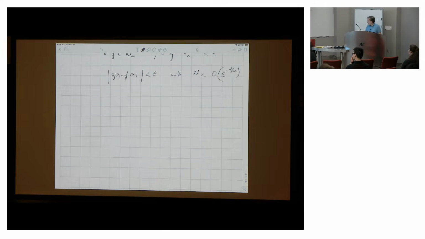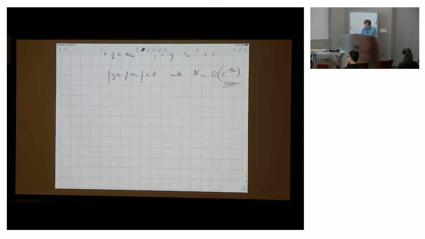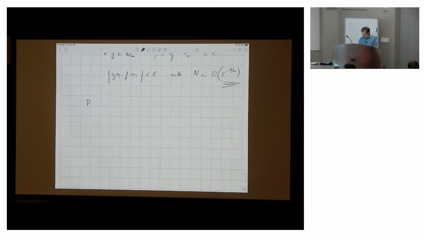Let me give you just a couple of other examples of curse of dimensionality. If you have, for instance, the space of polynomials in d dimensions, so vectors with d entries, of degree k, how many monomials do you have in such a polynomial?